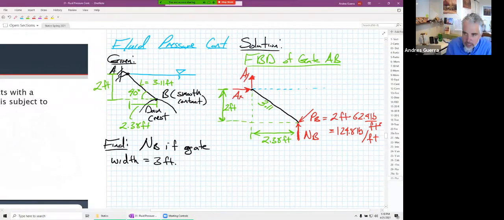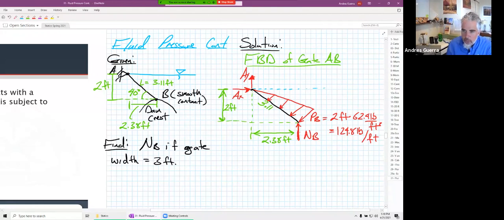And even though we're at a slope, this is still going to make a triangular pressure distribution. And so we calculate everything exactly the same way. It's just that our pressure is at an angle. And so if we can find our PB, our pressure distribution, then we can start going into W and F.